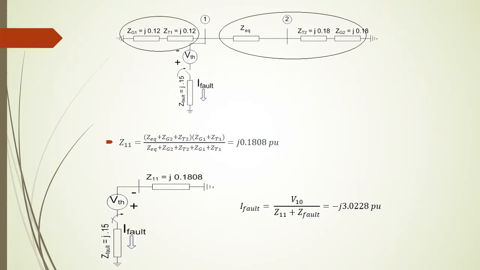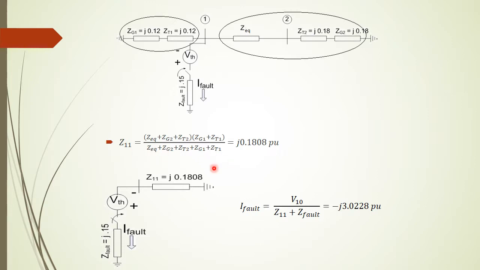And now we can see clearly that the impedance looking from bus 1 is from a branch here in parallel with this branch, and the impedance looking from bus 1, Z11, equals two branches in parallel like this.